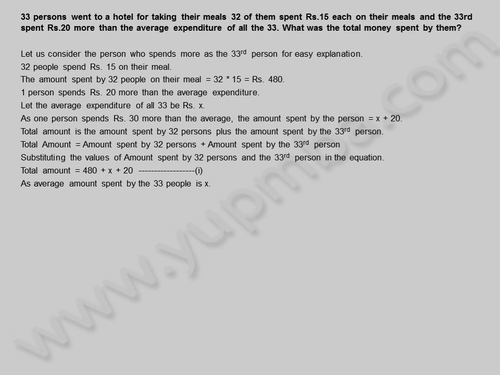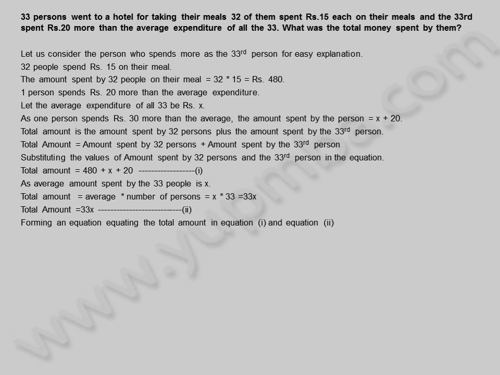As average amount spent by the 33 people is X, total amount is equal to X into 33 is equal to 33X, keeping this as equation 2. Forming an equation equating the total amount in equation 1 and equation 2.